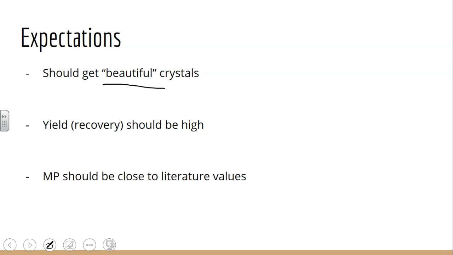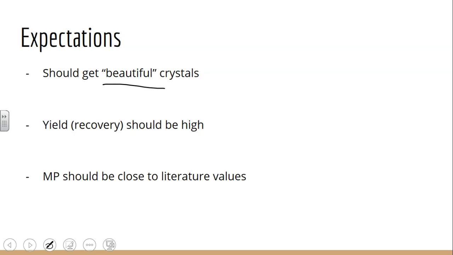Typically the product that you end up with will look remarkably different than the thing that you started with, and they will typically be nice crystals as opposed to this gloppy, gooey mess.